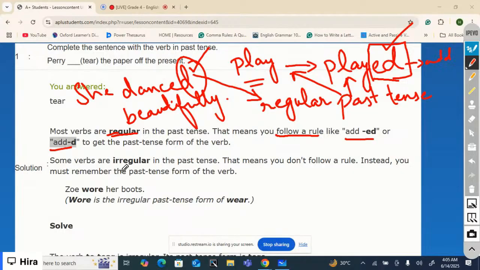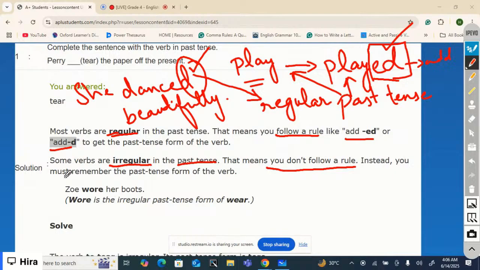But we have some exceptions. Some verbs are irregular in the past tense. That means you don't follow a rule. You don't have to follow any rule of adding ed or d.